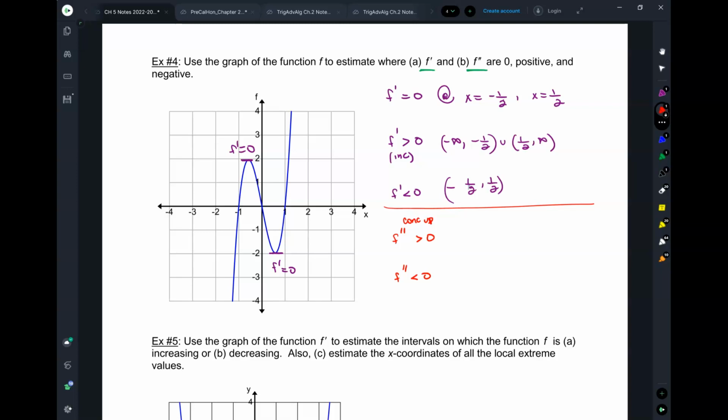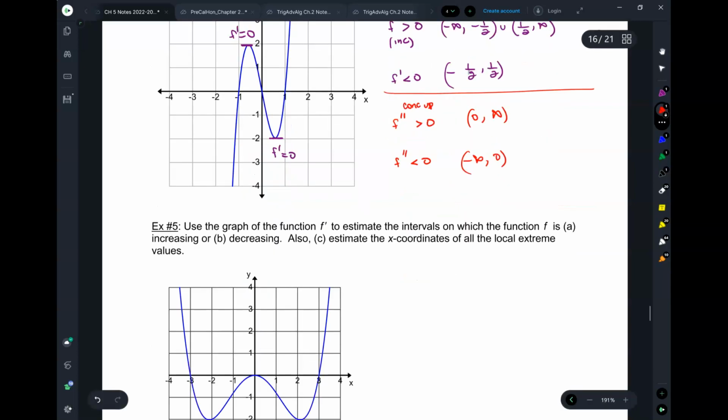Math is symmetric, so that switch happens smack in the middle, halfway. So from x equals 0 and on, it's concave up, 0 to infinity. And it's concave down from -∞ to 0.